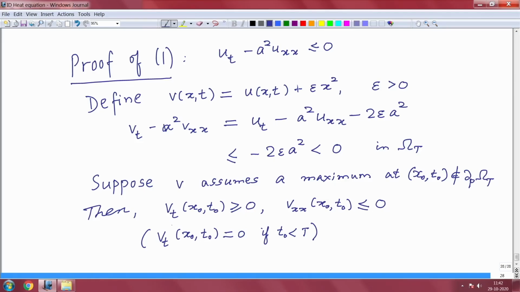Okay. So, at that point x_0, t_0, where we are assuming v takes a maximum which is not a point on the parabolic boundary, the first derivative with respect to t is non-negative and the second derivative with respect to x is non-positive. Okay.